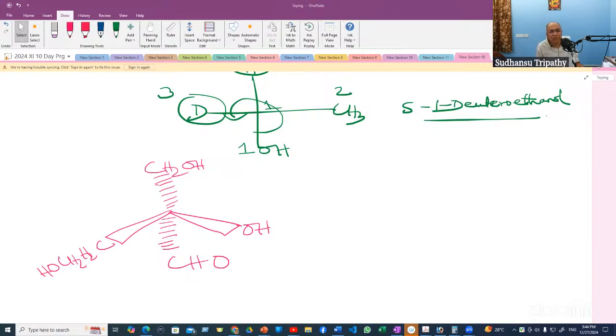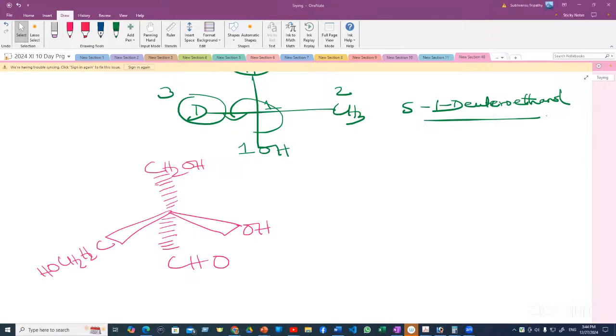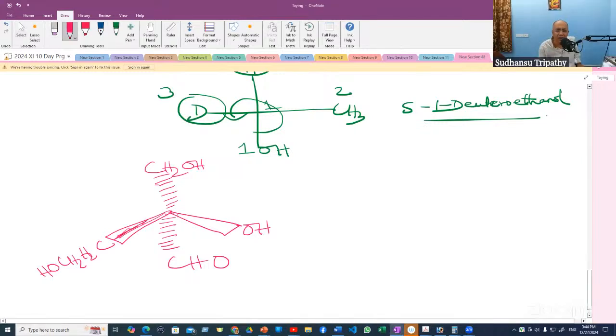Now this is very simple. The 2-ways formula is very simple. What is above the plane is horizontal. What is below the plane is vertical.